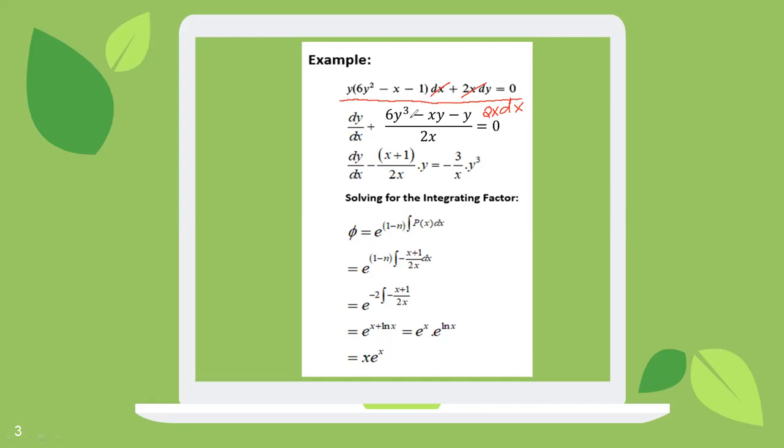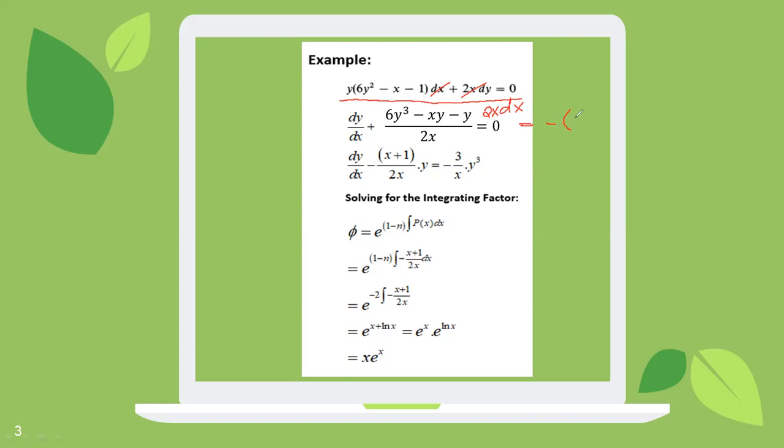In that case, that tells you this could be Bernoulli, because this expression here could be a part of the q of x y raised to n expression, which should appear on the right side of my DE. And true enough, class, if you simplify this, this is negative, so I will factor out negative y.